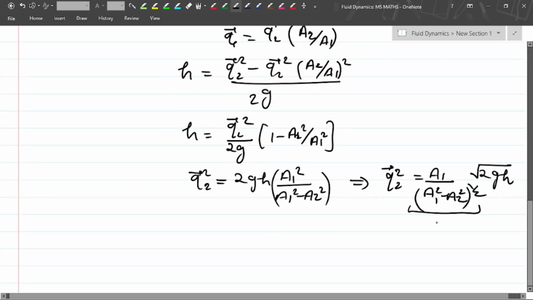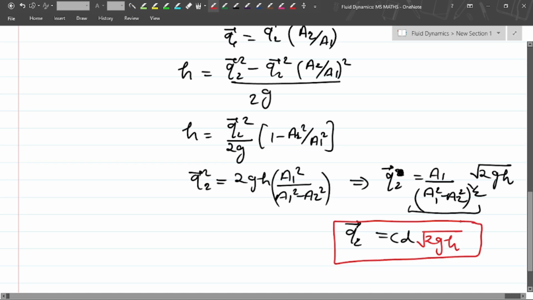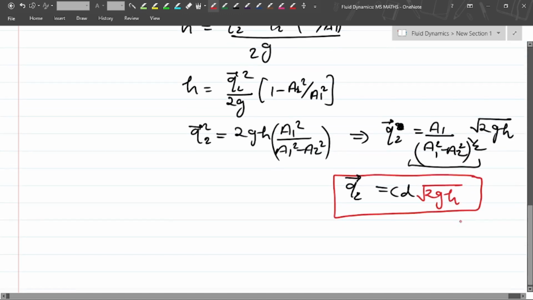This is the discharge coefficient, that is Cd. So the actual q2 vector is the Cd coefficient into root 2gh. So this is the formula for the Venturi meter.